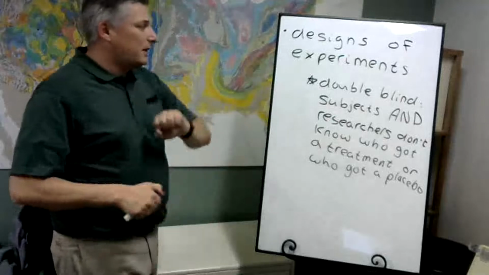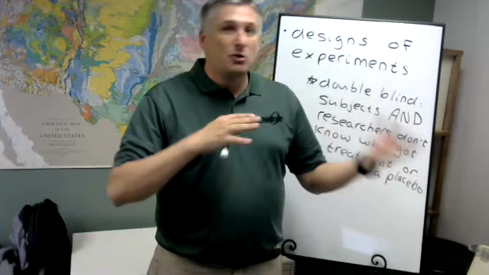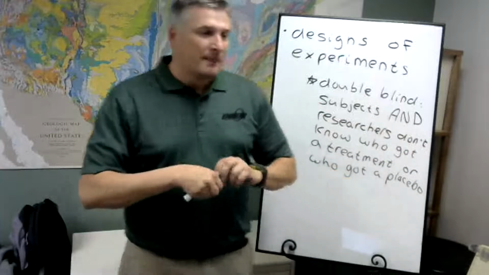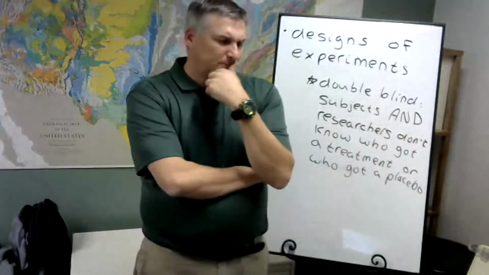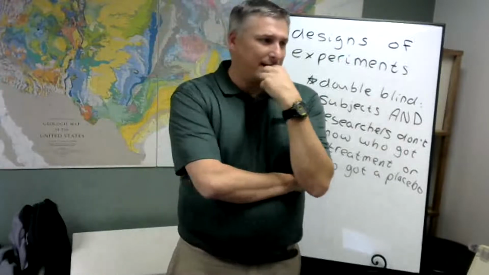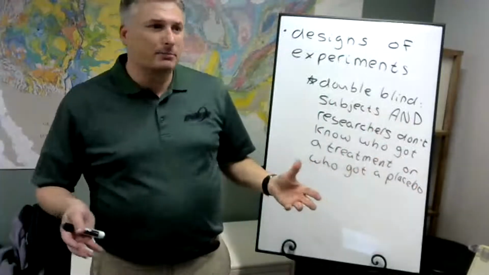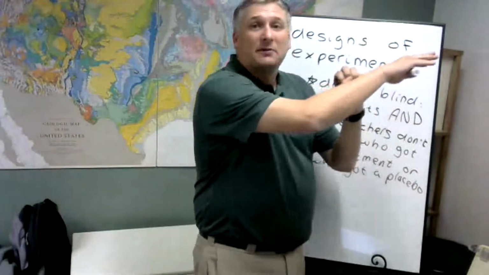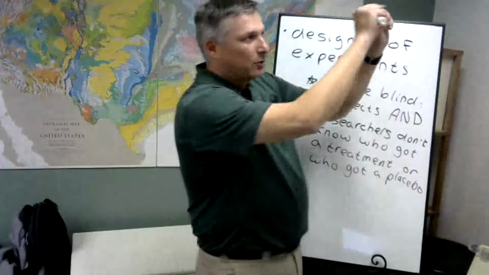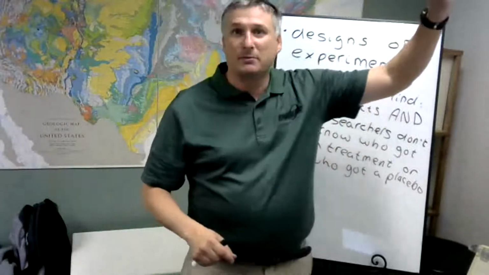So we do a double-blind test where researchers and subjects don't know who's getting the treatment. In that case, you would have a researcher who, there's numbers on the pills, and there's no sense to it. They're just random. The pills are given random numbers. Somebody off to the side recorded the random numbers for those pills and knows that that number means it's a treatment pill.